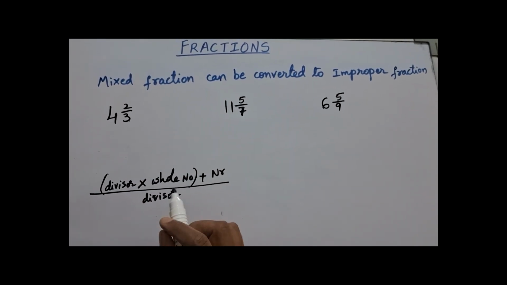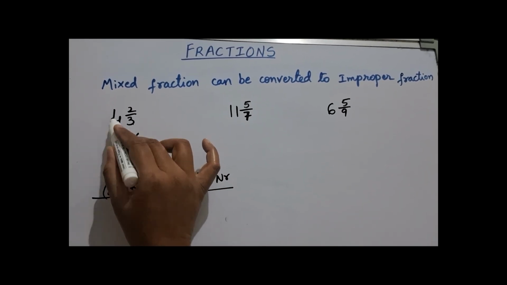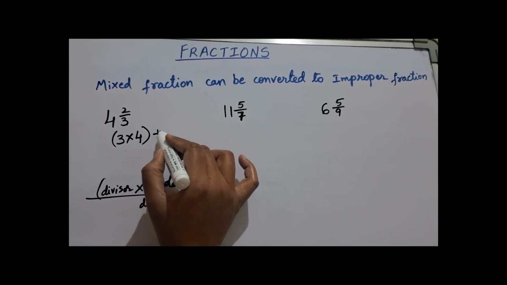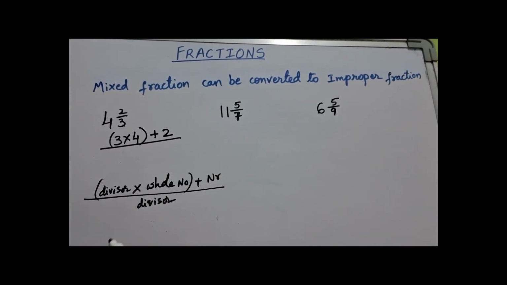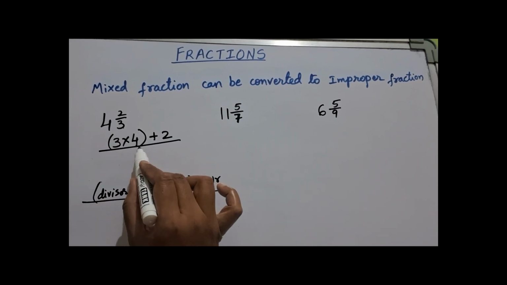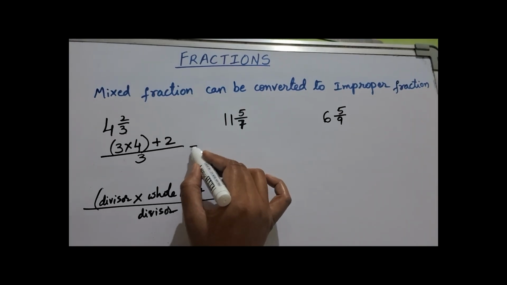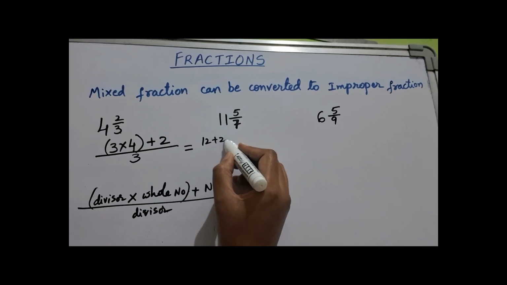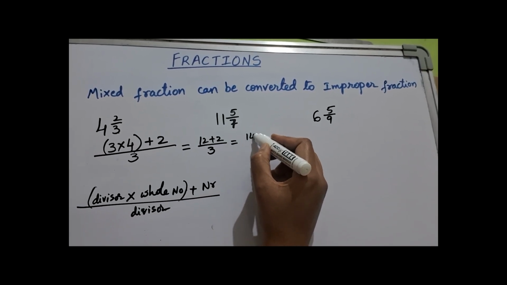That means here 3 is multiplied with this whole number 4, and then it is added with this numerator 2, and this will be the numerator and the denominator will be 3 itself. So this is equal to 3 4s are 12, 12 plus 2 by 3, which is equal to 14 by 3.